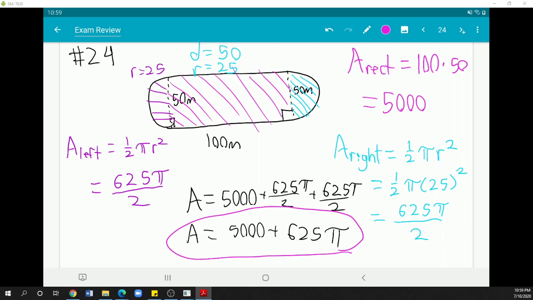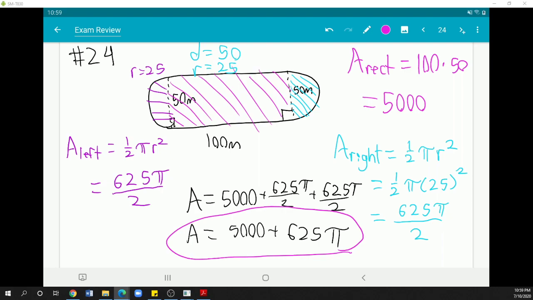Or if you want to round to the nearest decimal place, you would plug in 3.14 for pi. 625 times 3.14.